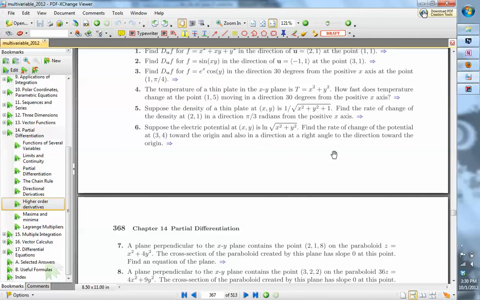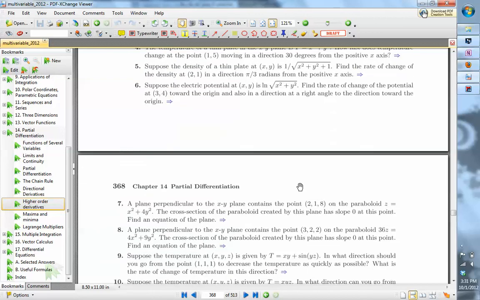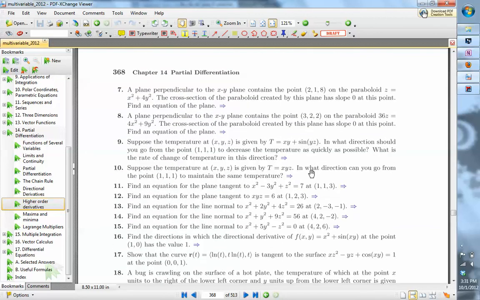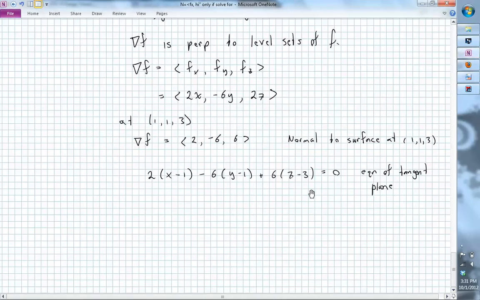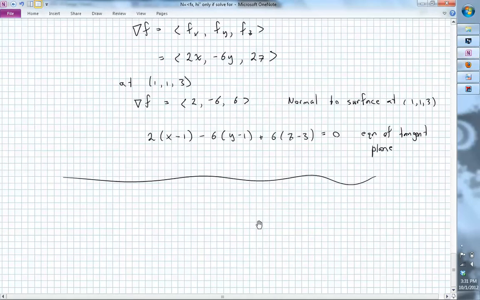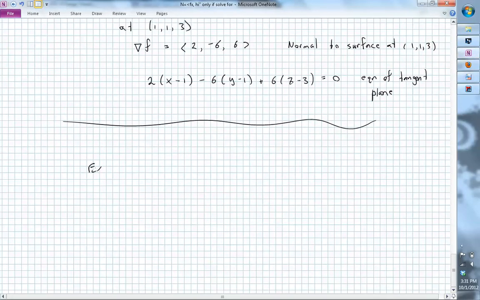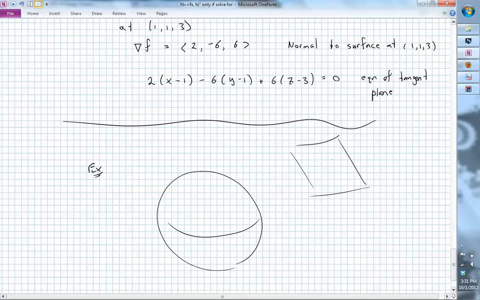Let me give you one more example. You've just got to think about the geometry of these things and try to build these mathematical representations. Let me talk about another kind of problem I think you'll see in web work. Let's pretend you've got a plane out here, and you've got a sphere.